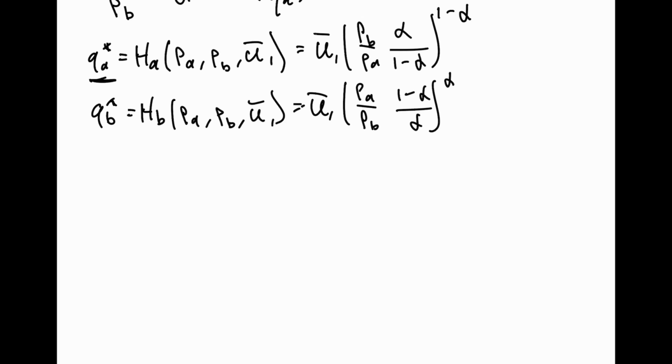So remember, U bar is coming from the utility function. Our Hicksian, or excuse me, our Marshallian demand, is a function of price for A, price for B, and income, which is the same thing as the expenditure under full expenditure.